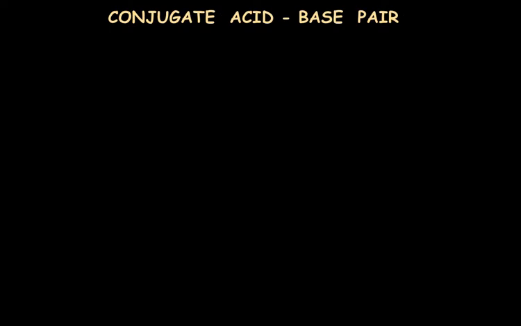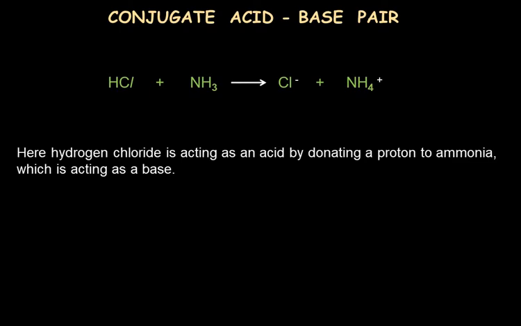Now let's understand what a conjugate acid-base pair is, again with the help of the same example, where hydrogen chloride is reacting with ammonia to form chloride ion and ammonium ion. As we have already seen, hydrogen chloride is acting as an acid by donating a proton to ammonia, and ammonia is acting as a base here.